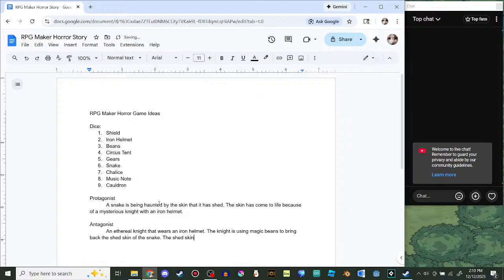The shed skin represents all of the snake's mistakes and insecurities.